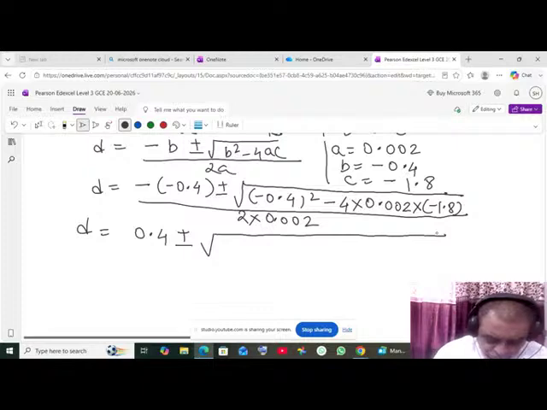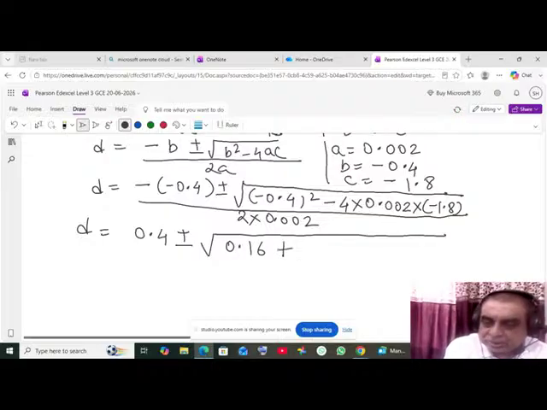Here we have to square 0.4. Whether you square a negative number or a positive number, the answer is always positive. So the square of minus 0.4 is 0.16, plus, and minus times minus becomes plus.